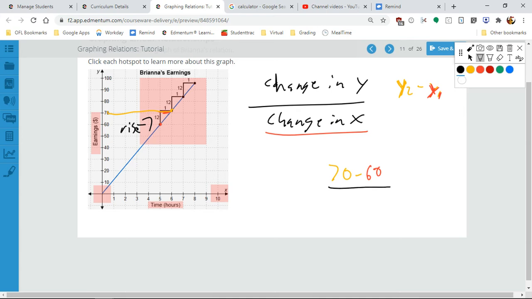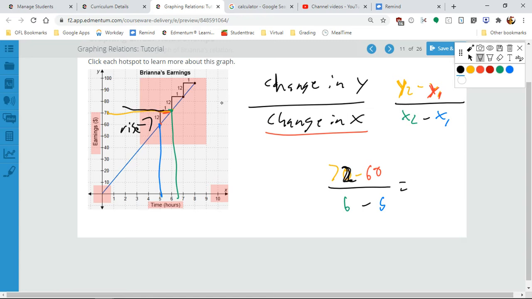And we're going to divide that by our X2 minus X1. So in that case, if I look at my second point, my X would be 6. And I'm going to subtract that from my X1, my first X, which is this, and that's going to be a 5.